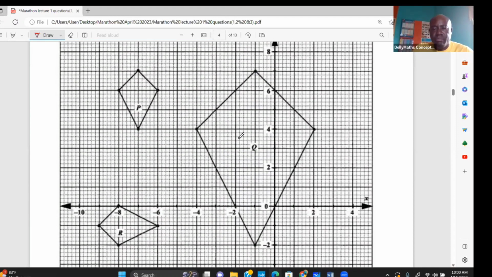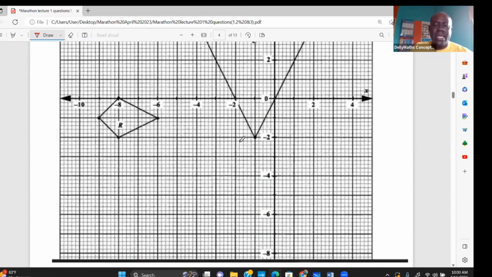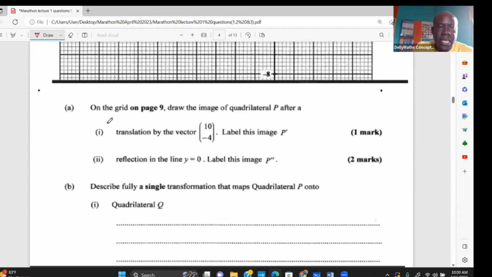So let us see what the questions are saying. It says here on the grid on page 9: draw the image of quadrilateral P after a translation by the vector (10, -4).